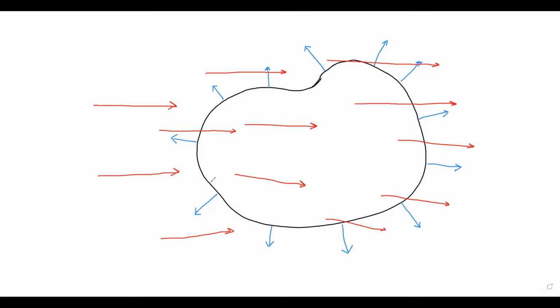So how is this related to the surface integral that we've seen before? In order to recap that, let's first take a look at what happens when at any point of the boundary, the direction of the heat flow is also in the direction of the surface normal. For example, that is the case on the right.